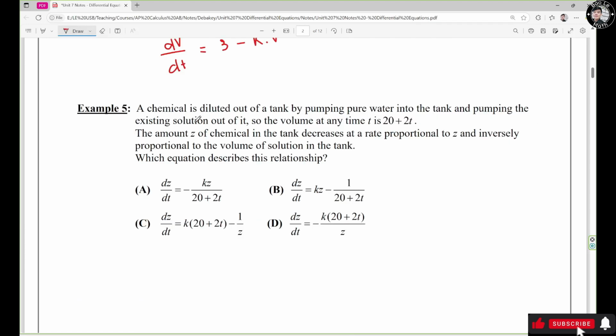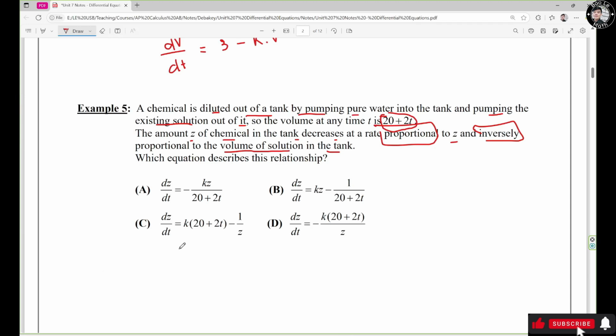Now, example number 5. A chemical is diluted out of a tank by pumping pool water into the tank and pumping the existing solution out of it. So the volume at any time t is 20 plus 2t. The amount C of chemical in the tank decreases at a rate proportional to the C and inversely proportional to the volume of the solution in the tank. Which equation describes this relationship?